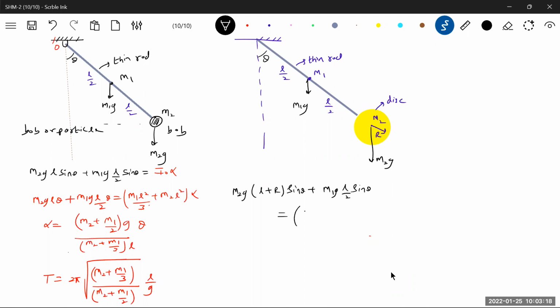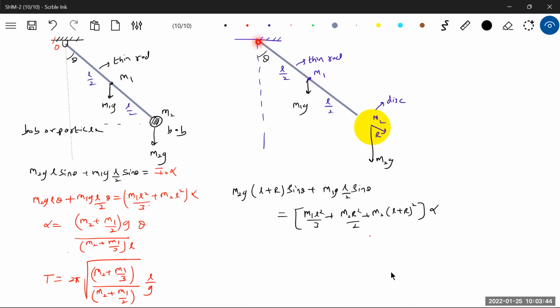That should be equal to the moment of inertia of the rod, M1 L square by 3, plus the moment of inertia of the disc, M2 r square by 2 plus M2 (L plus R) whole square, all multiplied into alpha. This is the moment of inertia of this whole system.